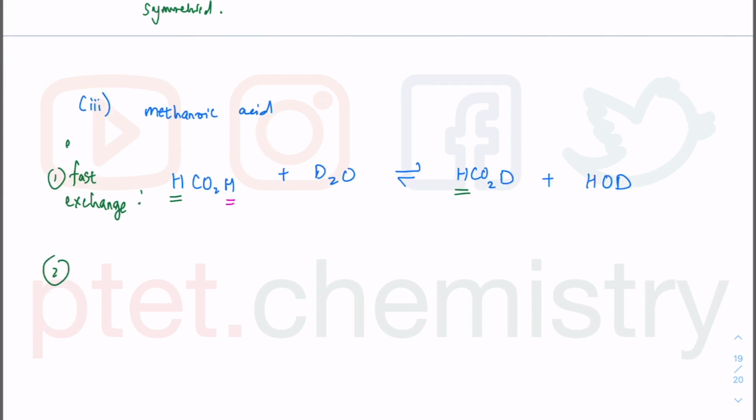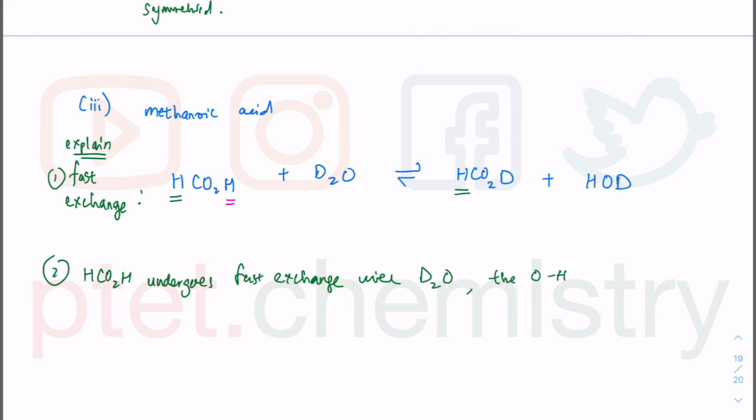This is your explanation: the HCO2H undergoes fast exchange with D2O. The OH is no longer present.